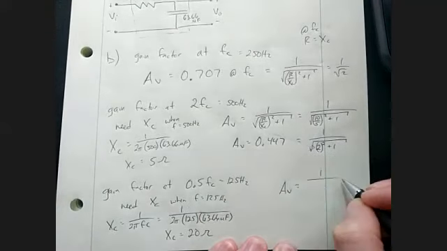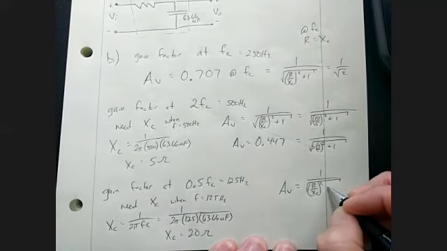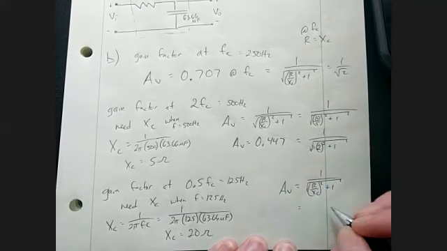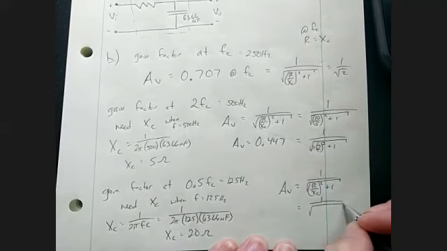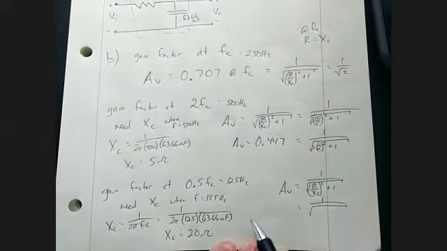AV is 1 over the square root of (R over XC) squared plus 1, and I can just plug this in now. I don't even need to solve for it if I understand that, but if you need to solve for it, that's totally fine.